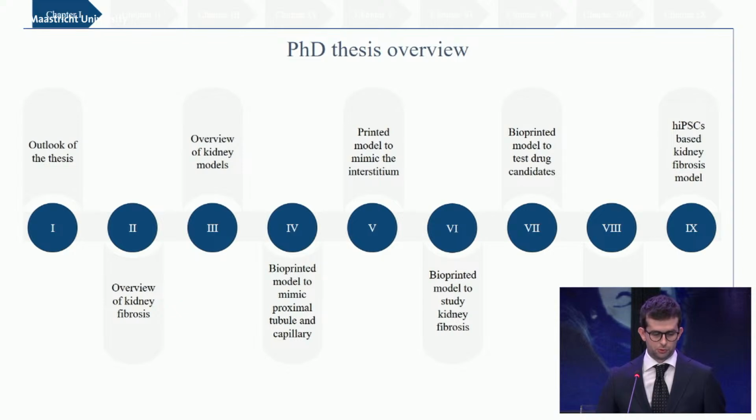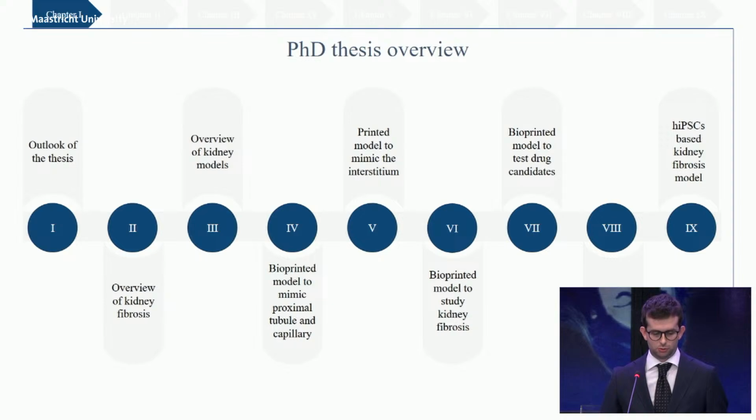Then from chapter 4 onwards, we started to work experimentally in the lab, and our aim was to first develop two different proofs of concept in chapter 4 and in chapter 5, where in the first chapter we used a bioprinting technique, while in the second one a printing technique. And our aim was to really try to mimic certain aspects of the kidney architecture.